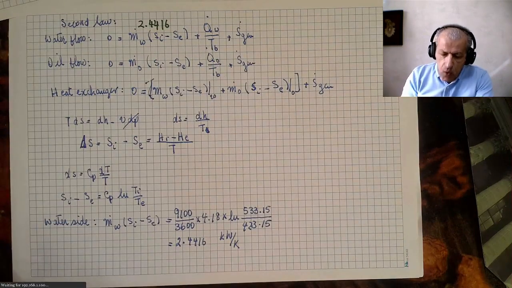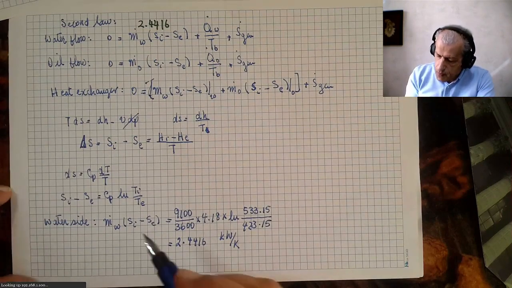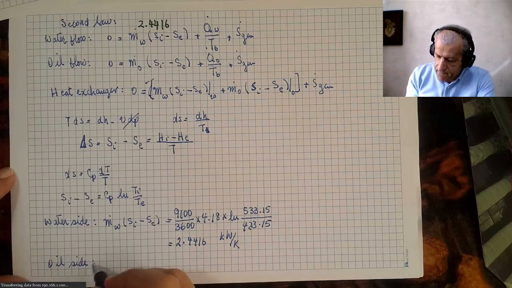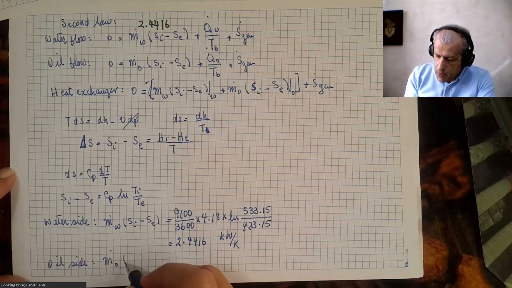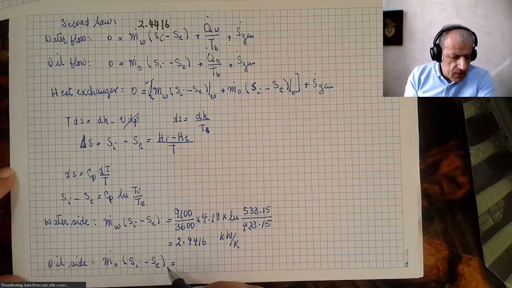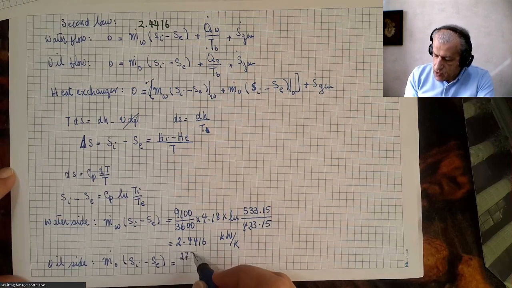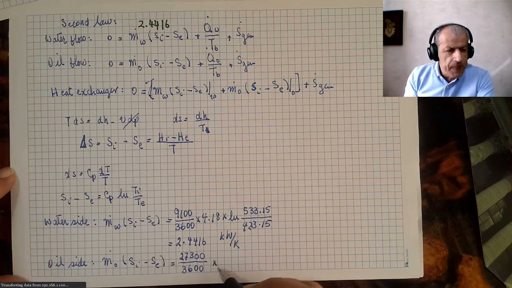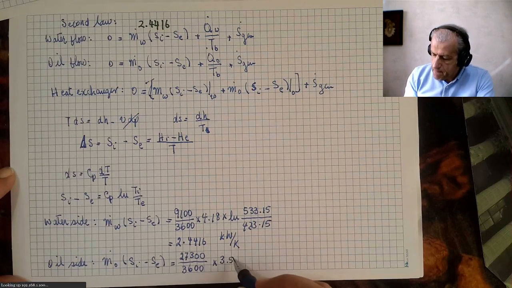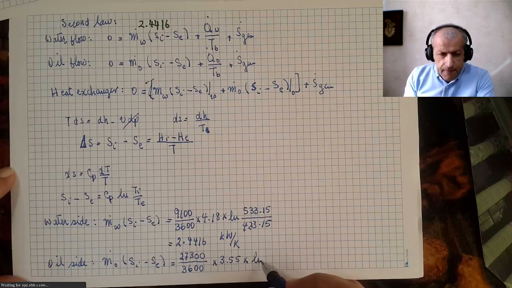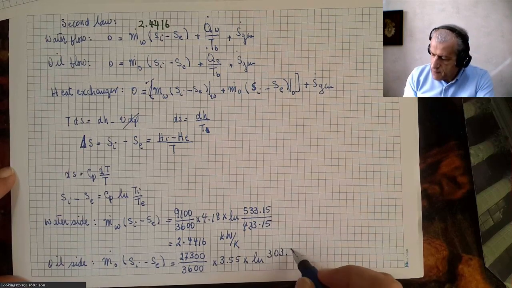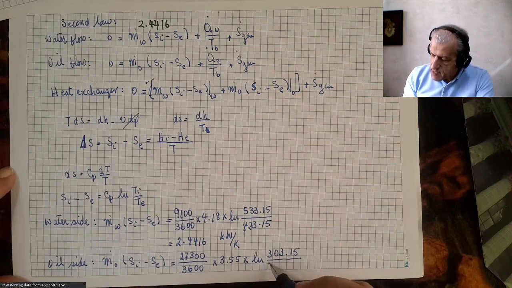Now, as for the oil side, as for the oil flow, m dot O times Si minus Se equals 27,300 divided by 3600 times 3.55 times ln of 303.15 divided by 346.35.